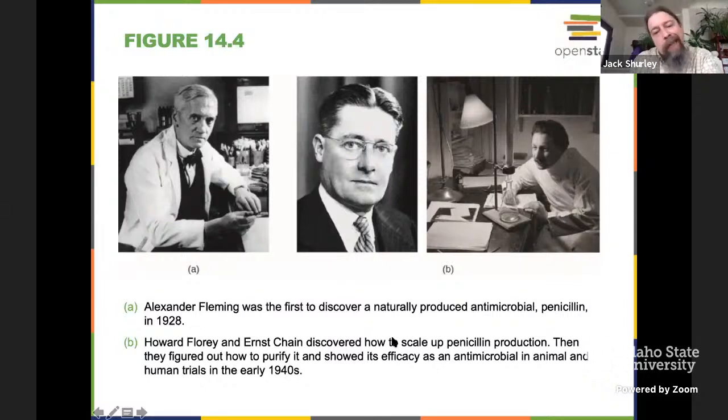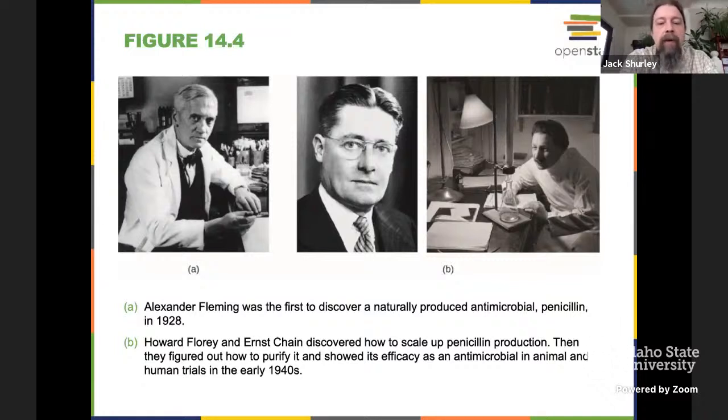We flash forward a little bit. Florey and Chain discovered basically how to industrialize it, if you will, how to scale up the production of penicillin, growing it in really big vats to create mass quantities of this highly effective drug, right?